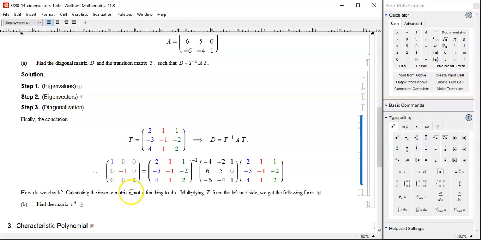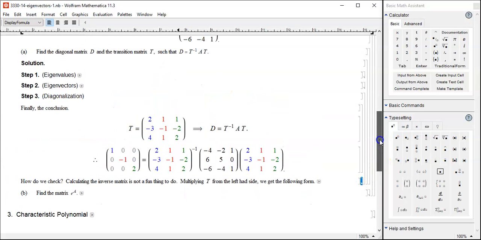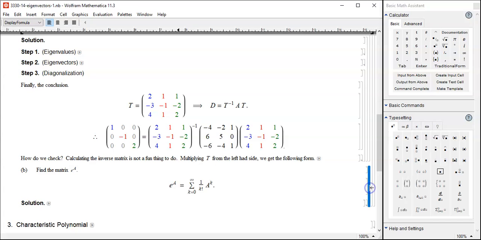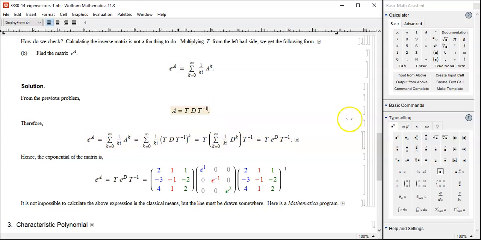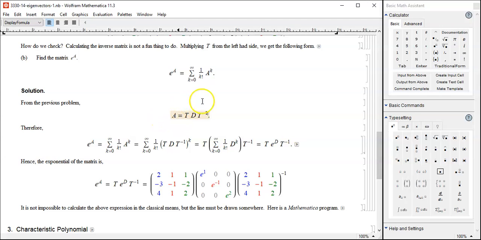So the diagonal matrix can be written as T inverse AT, or equivalently speaking, A can be written as TD T inverse, and using this, you can express any kth power of A using T D to the k power T inverse.